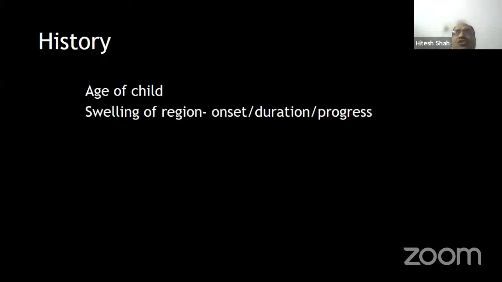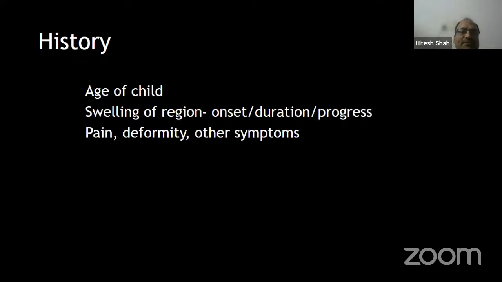What is the age, whether it is in the first decade or second decade, because Ewing sarcoma is common in the first decade, while osteosarcoma is common in the second decade, and osteochondroma is common in both decades. Many are benign or malignant tumors. The onset, duration, and progress of the swelling will give you an idea whether it is a long-standing or a short-duration history. Always the long-standing is the benign tumor, while the short-duration would be the malignant tumor.